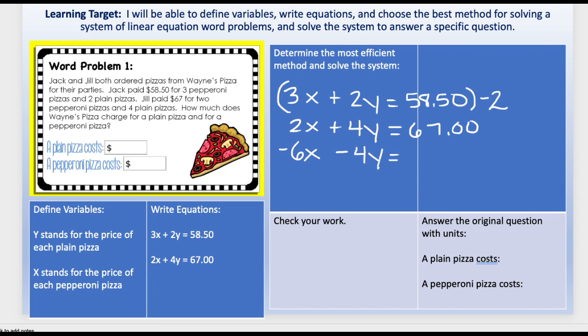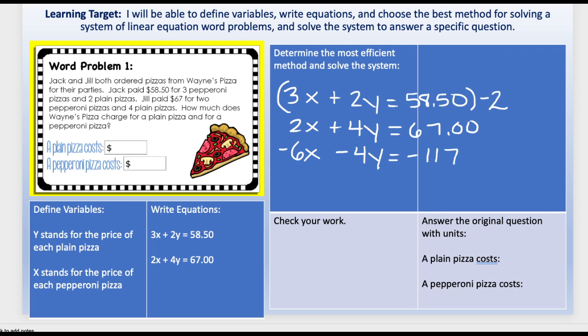And then if I do -2 times 58.50, I'm using my calculator for this, and you can too, I get -100, oops, something's wrong here, that doesn't make sense. I get -117.